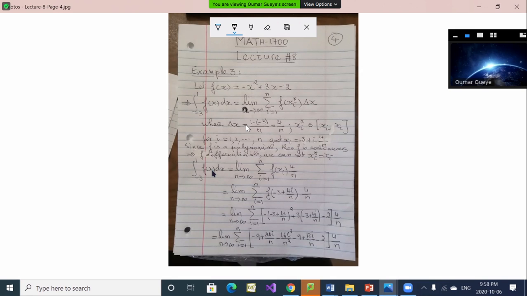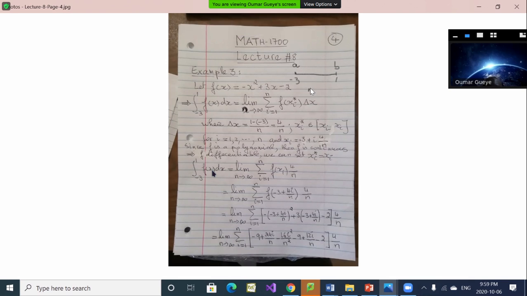As we know, delta x is equal to the width of the subintervals, and the formula says it's equal to b minus a over n. We integrate from -3 to 1, so a is going to be -3 and b is going to be 1.